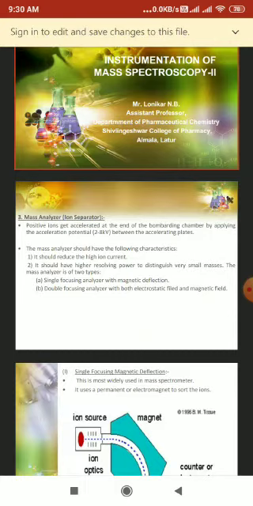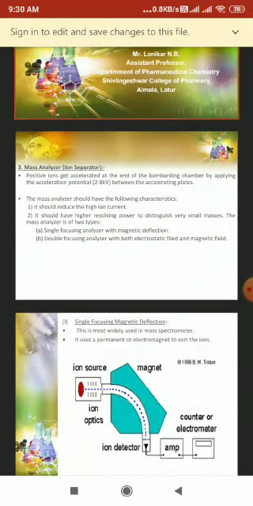Between the accelerating plates, some of the ions pass through a slit and enter the magnetic field. As they enter the magnetic field, they get deflected in relation to their velocity, mass and charge. The lighter ions deflect more than the heavier.